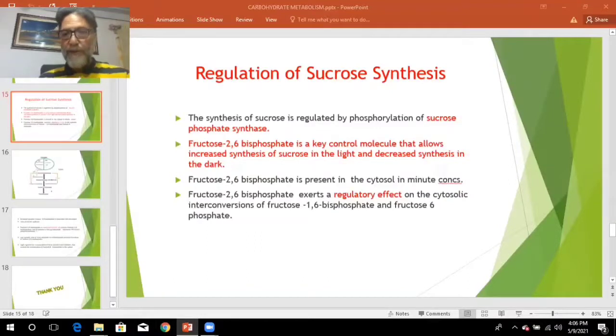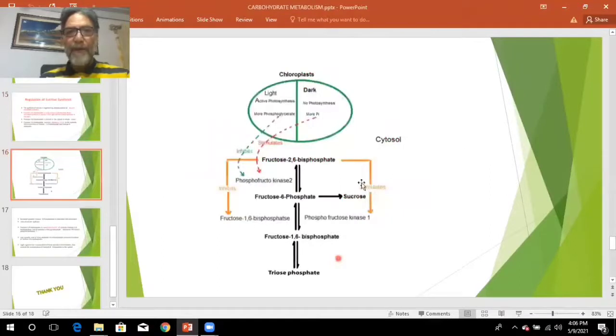So what is happening here is that fructose 2,6-bisphosphate, when it is present, exerts a regulatory control. Triose phosphate will be converted into fructose 1,6-bisphosphate, then to fructose 6-phosphate, and that is the basic thing for the sucrose. Or through another enzyme, it will be converted into fructose 2,6-bisphosphate.